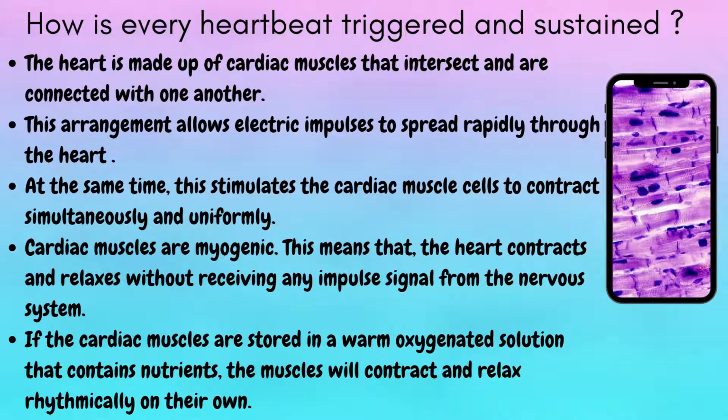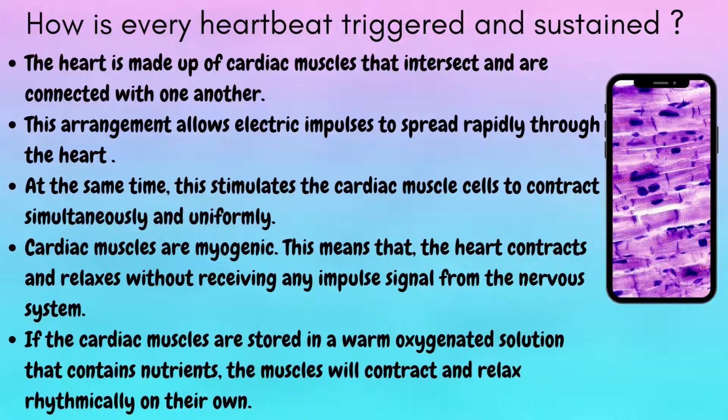Well, the heart is made up of cardiac muscles, which is like here in the picture, that intersect and are connected with one another. This arrangement allows electric impulses to spread rapidly through the heart. At the same time, this stimulates the cardiac muscles to contract simultaneously and uniformly.